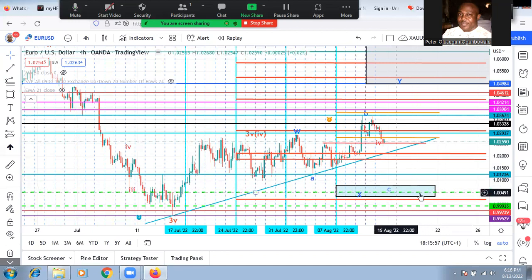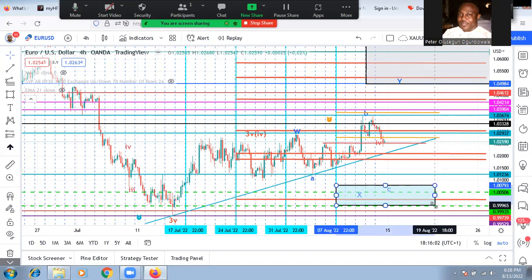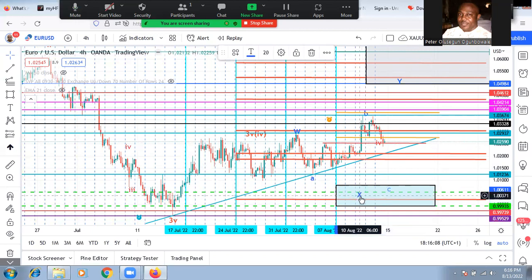So this is where to stop. Of course, price may push towards this level before it goes up again. Anything is possible here. This is the mess that they are trying to create now. This is a serious mess that they're trying to create here.